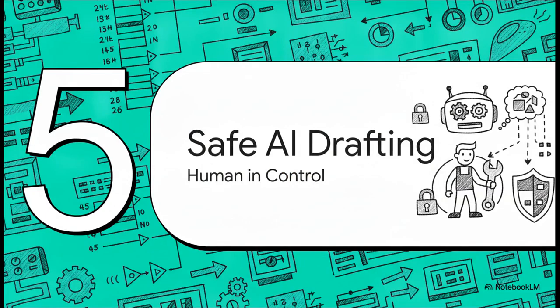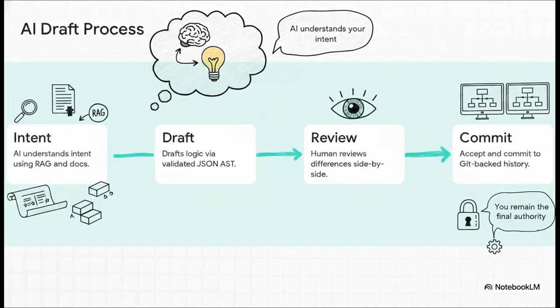All right, Section 5, safe AI drafting. Now, we all know control engineers are naturally and rightfully pretty skeptical about AI writing code. A hallucinated rung could be a disaster. So let's see how ClueFlow guarantees safety and sovereignty. The entire system is built strictly around human control. First, the AI understands your intent.